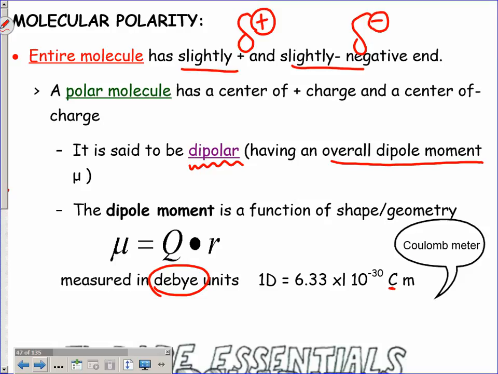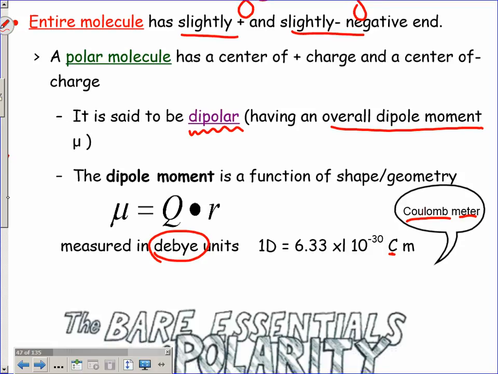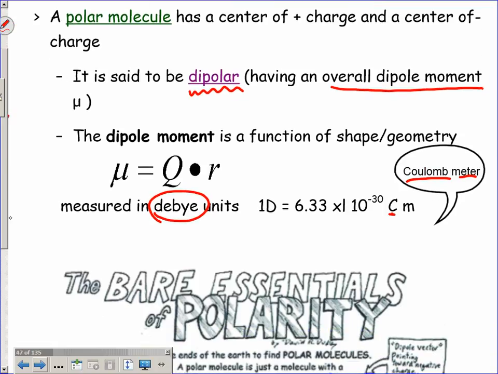So that's coulomb meters. We will never have to calculate debyes, but they will give you data to analyze to say it's really polar or it's not so polar, in units of debye. If you see debyes or coulomb meters, you're looking for magnitude differences, not actual calculations yourself. I'll show you an example in a second.